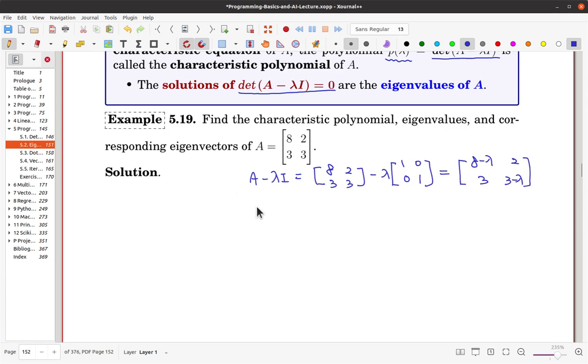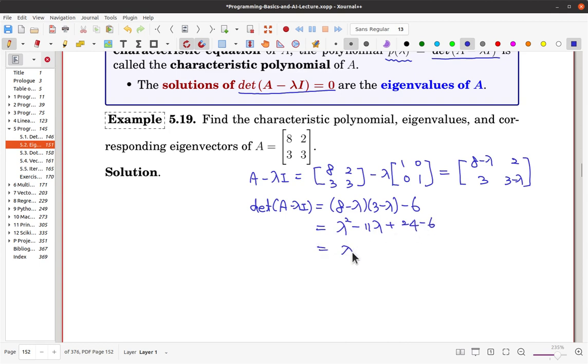Okay, so its determinant is just AD minus BC: 8 minus lambda times 3 minus lambda, minus 6. Here that is lambda squared minus 11 lambda plus 24 minus 6.